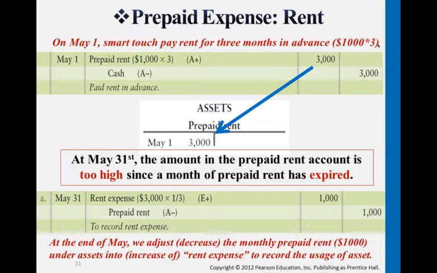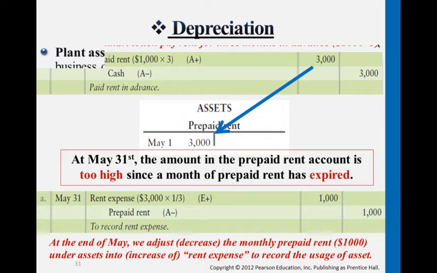Whatever we have left compared to what we had in the beginning, the difference, we want to adjust. So we reduce the supplies asset by crediting supplies and turn it into supplies expense. Same for insurance: if it's prepaid insurance for, let's say, 6 months, after a month of using it, we turn that into insurance expense, just recognizing the part that has expired and is no longer in force.